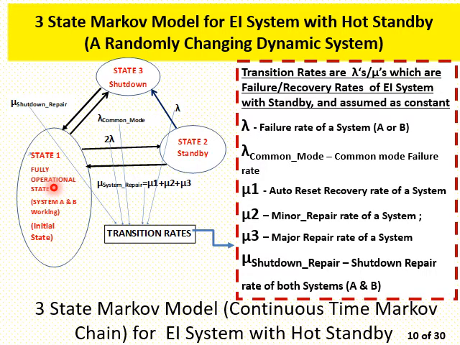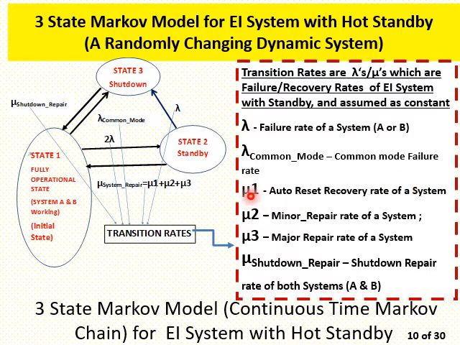In case the auto reset is successful, it moves from standby to main system through mu1, which is the auto reset recovery rate of the failed system, either A or B.